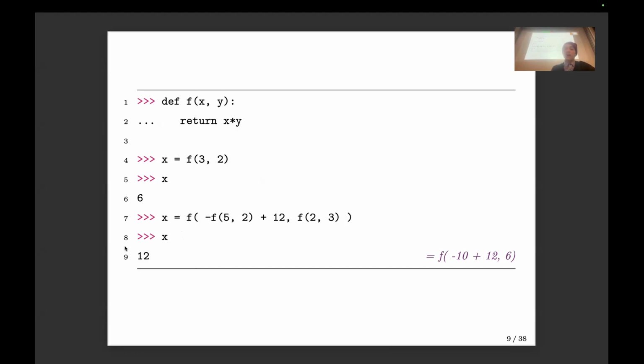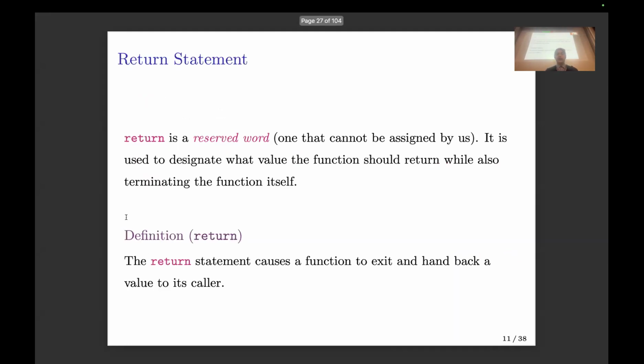At what line? Here? No, because it's already stored that in x, right? So if after line 7 you changed f, subsequent calls to f would be different. But those other calls have already been made. Okay, good point.